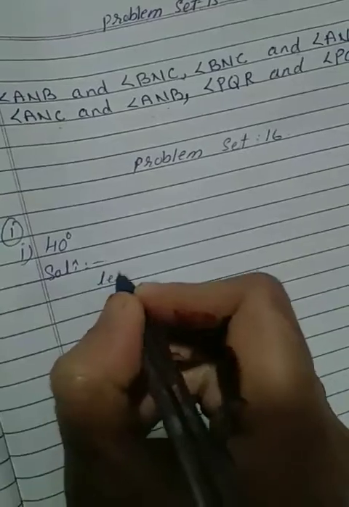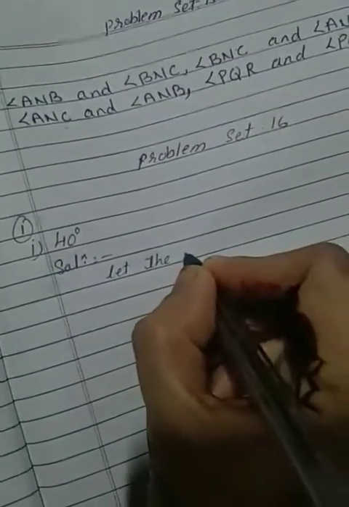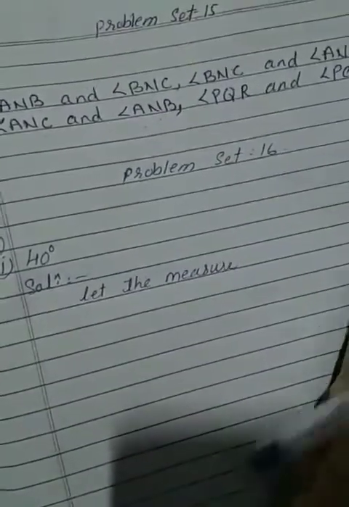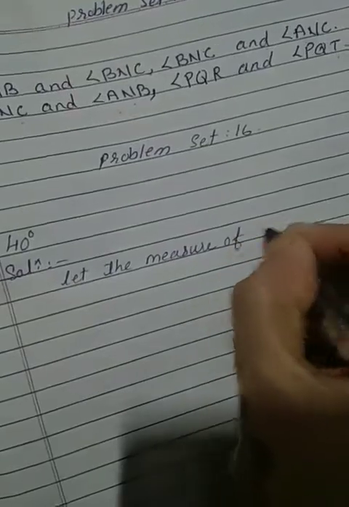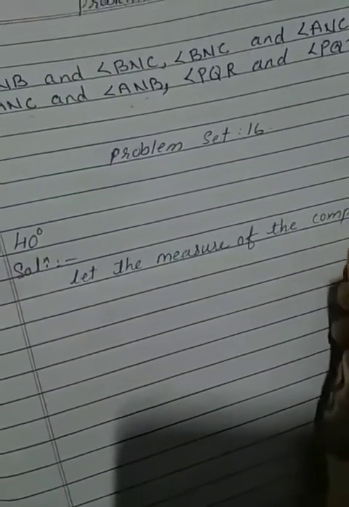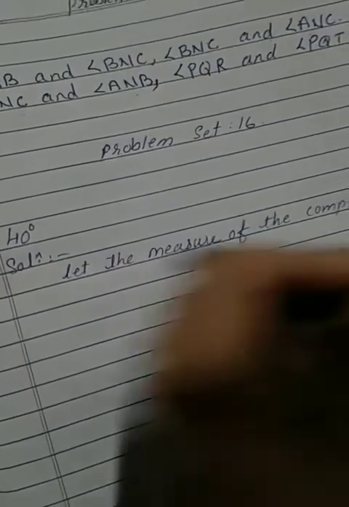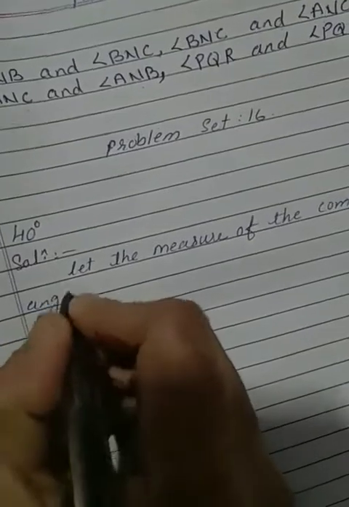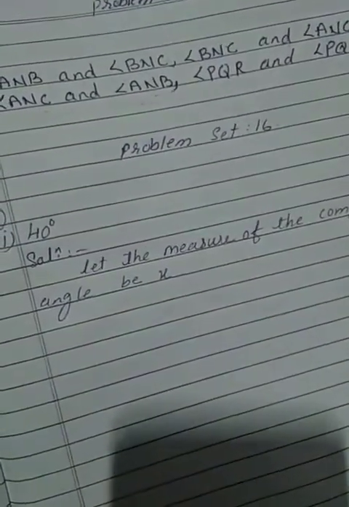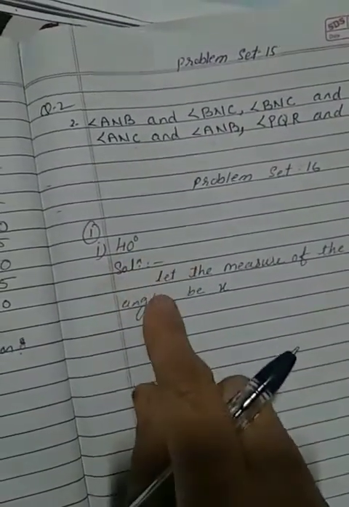Let the measure of the complementary angle be what? X. Because one is given and the other one we have to find out.